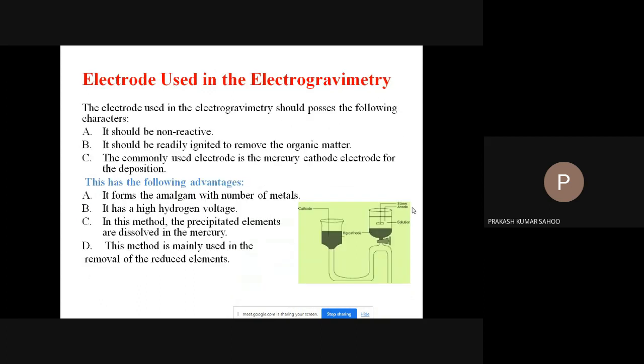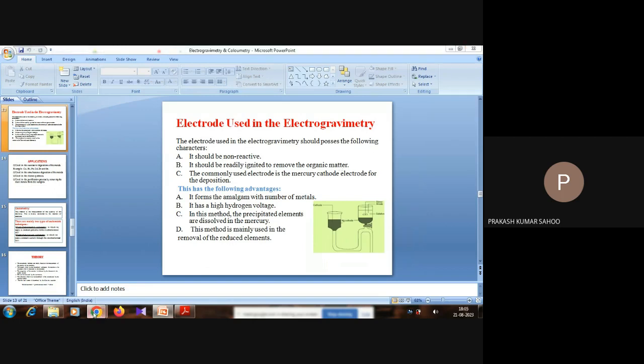So what are the characteristics of the electrode used in electrogravimetry?